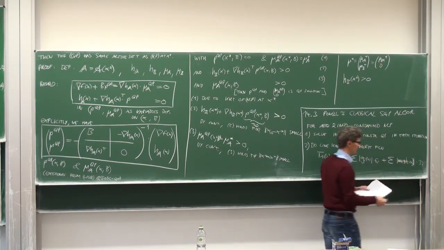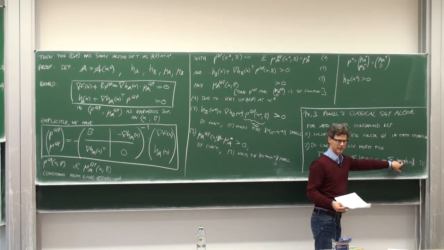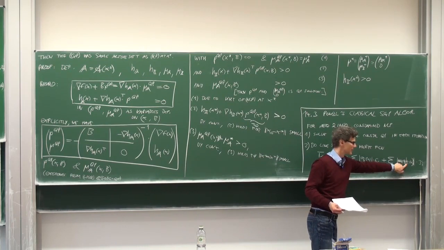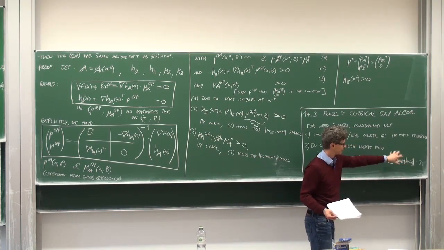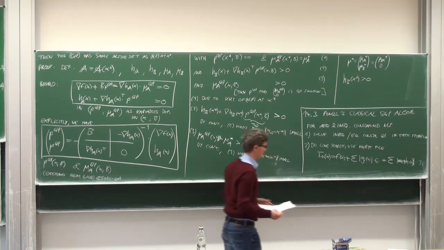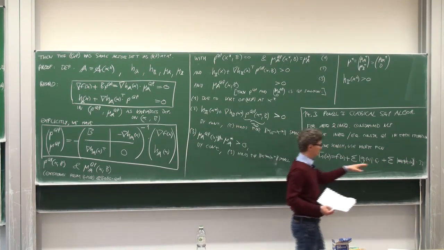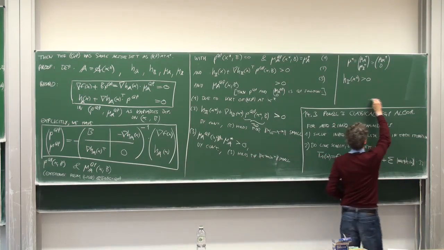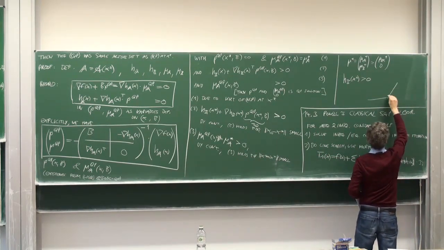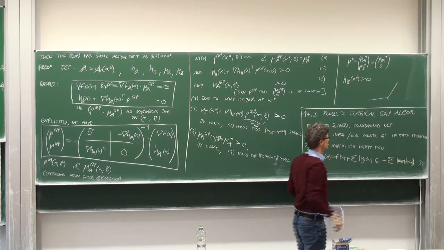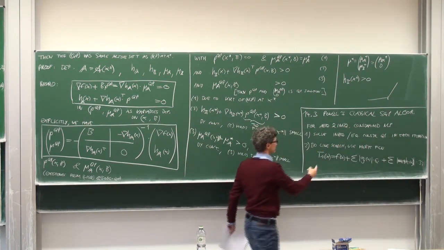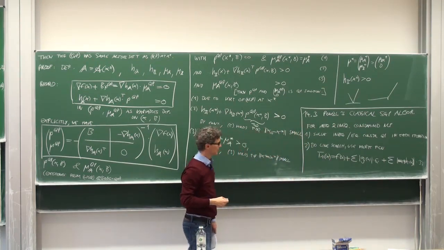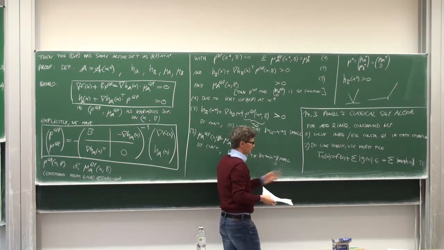If h is positive, then the min of these two is 0, so there's no penalty. If h is negative, then the min is achieved for h, and we take the modulus, and then it's a positive penalty. So this is a non-smooth function. At the inequalities, of course, it looks like this. If the inequality is violated, then it starts to penalize it. For the equalities, it's even like that, so it penalizes all deviations from equalities. But that's not a major difficulty.